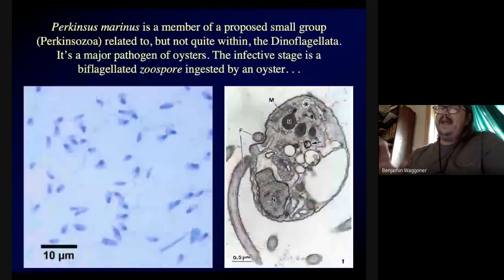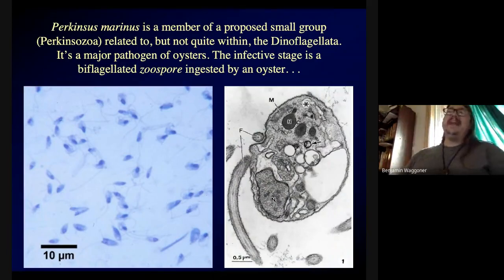One parasite that is economically important is a little thing called Perkinsus marinus. And this is now classified not quite in the dinoflagellates, but closely related to it. It's a group called the Perkinsozoa. And it matters from the human perspective because it's a major pathogen of oysters.